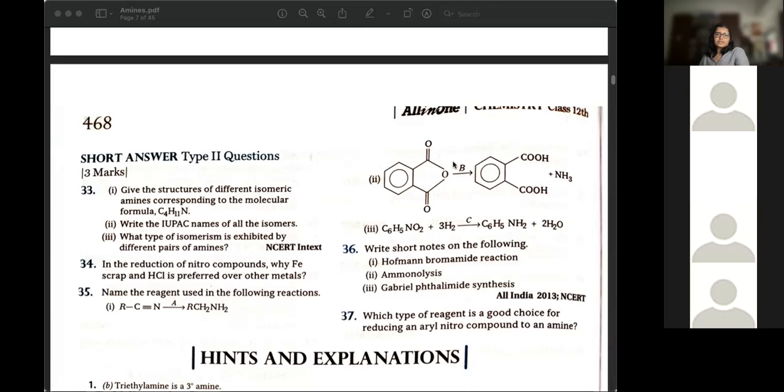H2O plus ammonia gives the amide. And then in the Gabriel phthalimide synthesis you take a base plus, if you take an alkyl halide, you get an amine. So instead, you need to take a hydrogen halide. In that case, you're going to get your ammonia back.